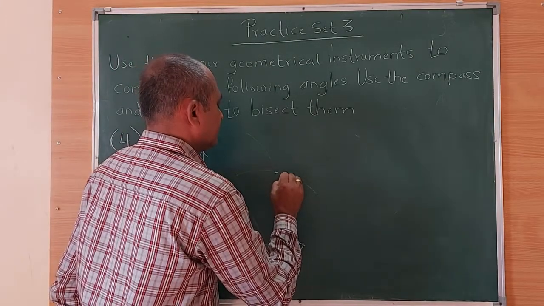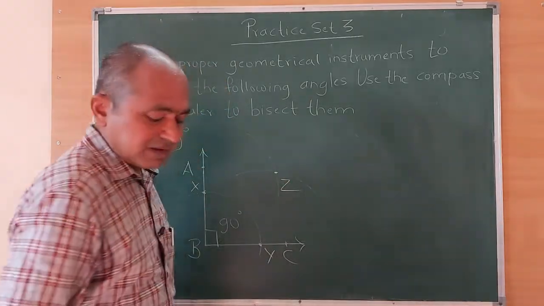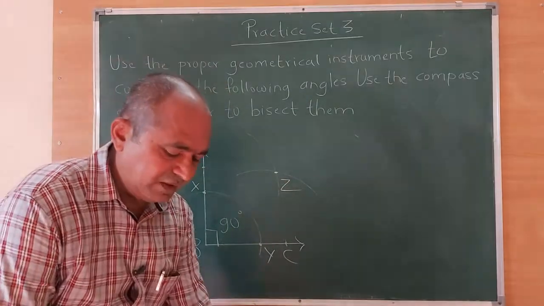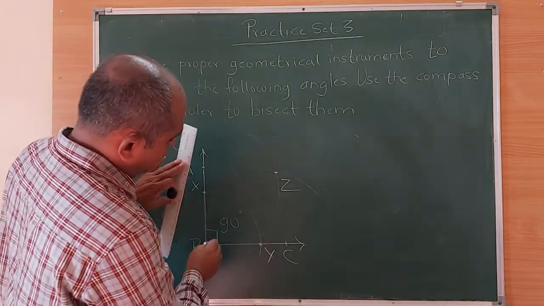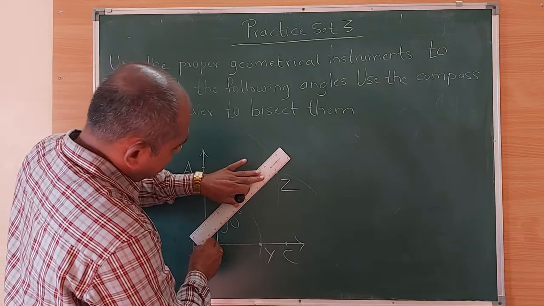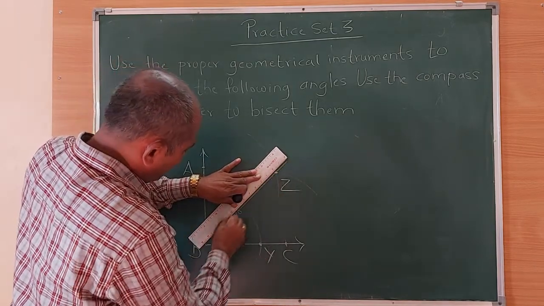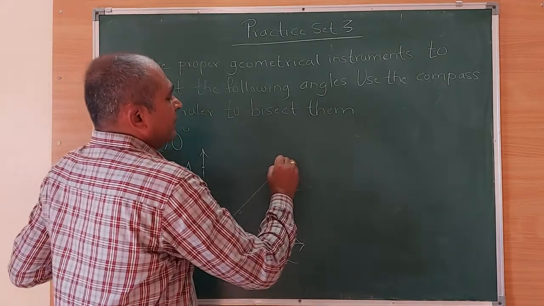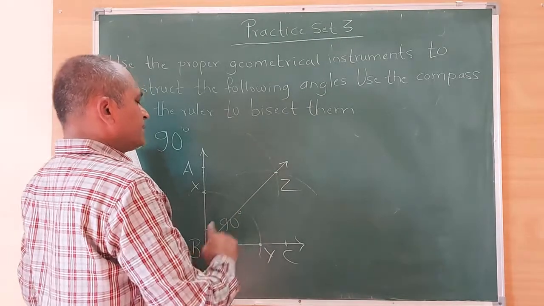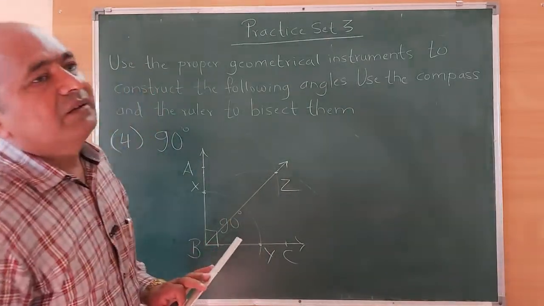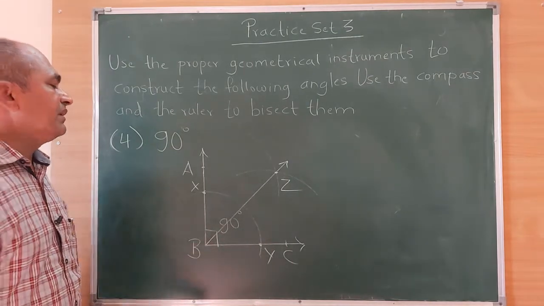Name this point, say, Z. And now I will join these 2 points, the vertex and this point Z. I will get one ray here, ray BZ, which is nothing but the angle bisector of angle ABC.